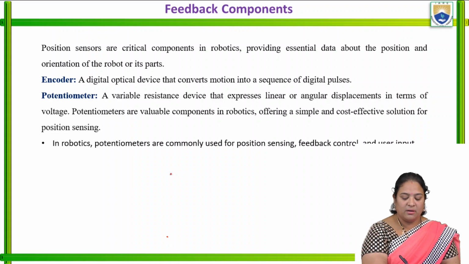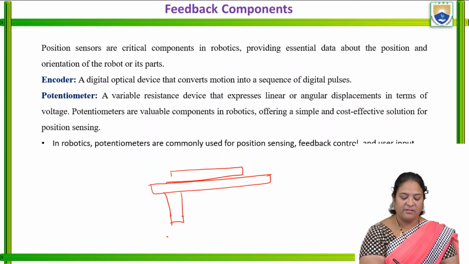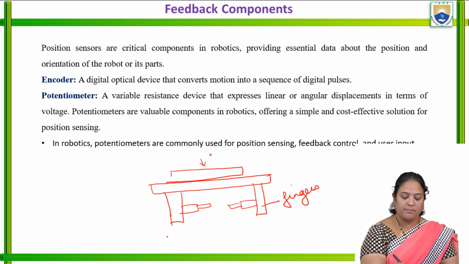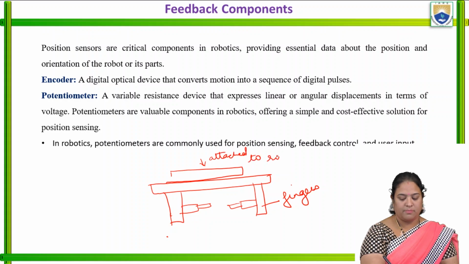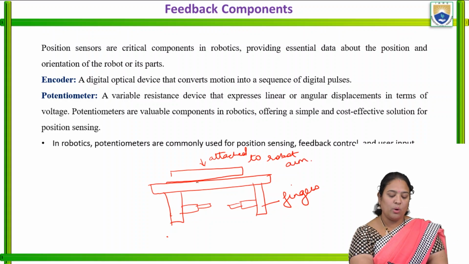For example, we have the end effector. Let us take a robot finger which is attached to a robot arm, and in between these two robot fingers we are placing an object.